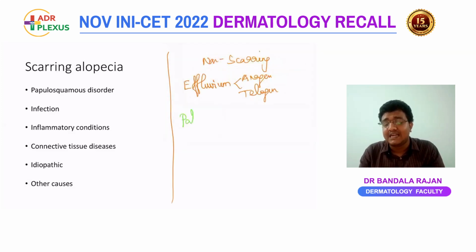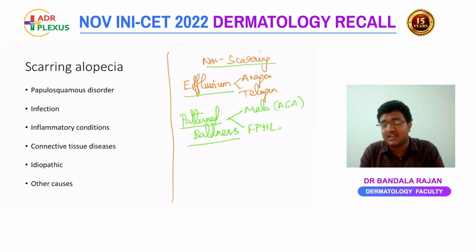All patterned baldness is non-scarring. We know male pattern baldness, that is known as androgenetic alopecia, and female pattern hair loss. These are non-scarring. All effluvium are non-scarring and all pattern baldness is non-scarring. Along with that, alopecia areata is a non-scarring alopecia.